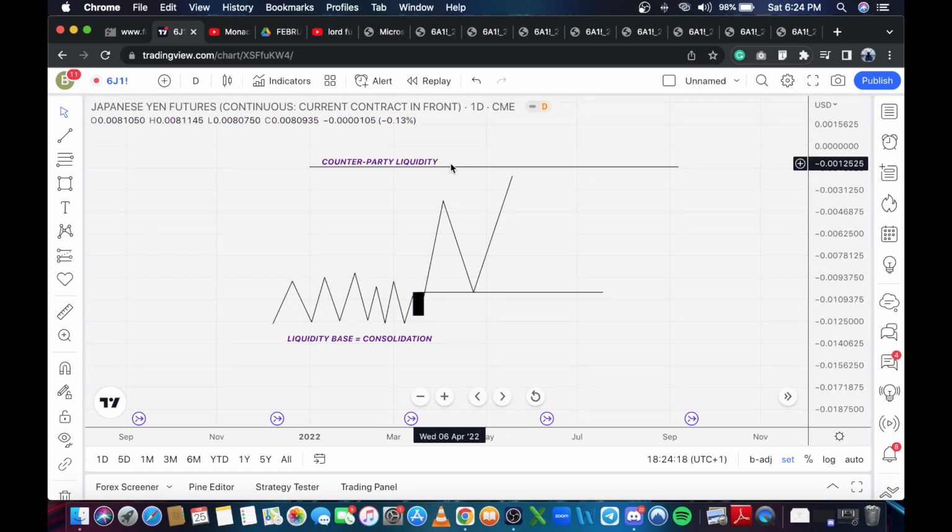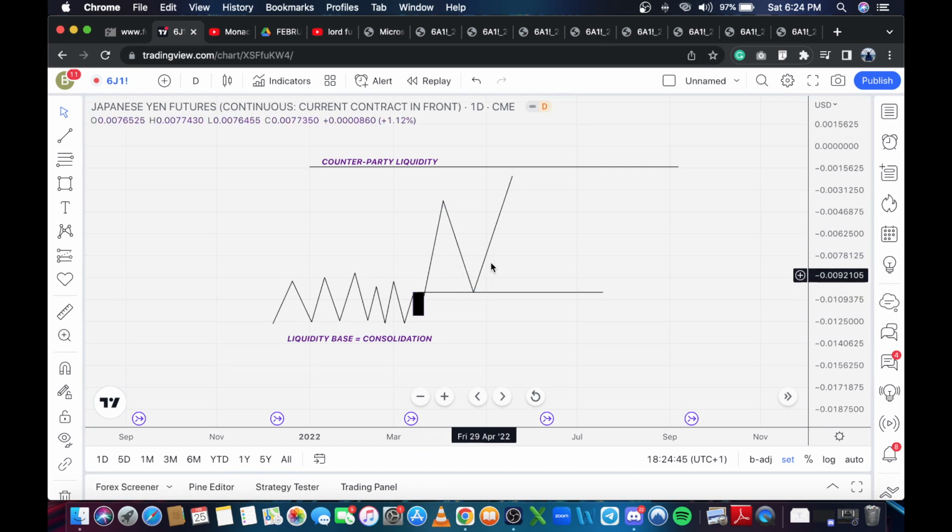Now, that counterparty liquidity, which we call buy side liquidity, can be in the form of an old high or a premium inefficiency. Premium inefficiencies are also termed buy side liquidity, but we call them secondary buy side liquidity. Discount inefficiencies, we term them sell side liquidity, but they can also be called secondary sell side liquidity.